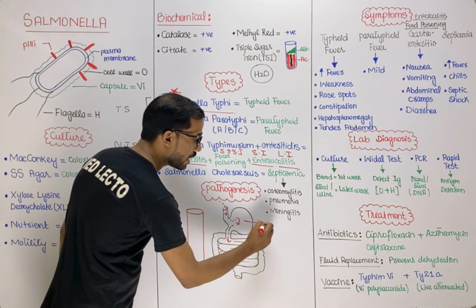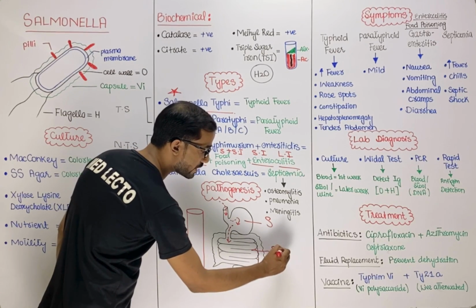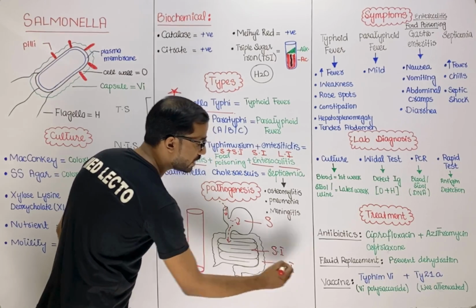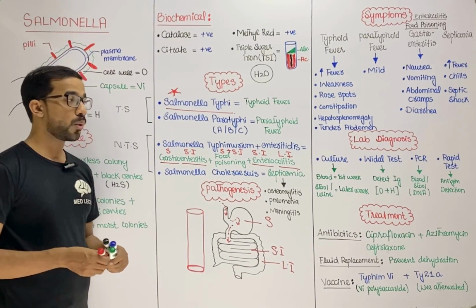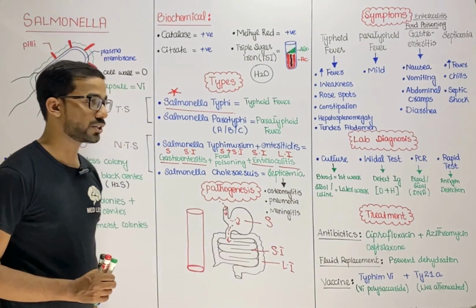So our main parts of the GIT are the stomach, second the small intestine, and last the large intestine. So these are the major locations where Salmonella can attack: stomach, small intestine, and the large intestine.